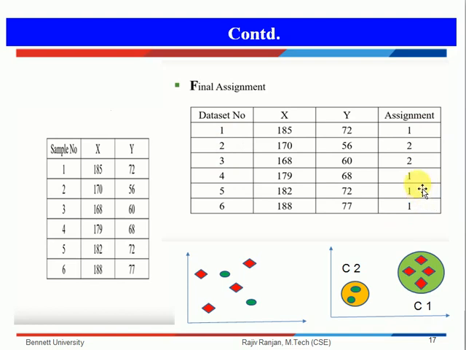Fine, because the assignment 1, 1, 1, 1 denotes cluster 1, and the assignment 2 and 2 denotes cluster number 2, right? So this is the accurate separation, and we can analyze it with the help of this diagram.